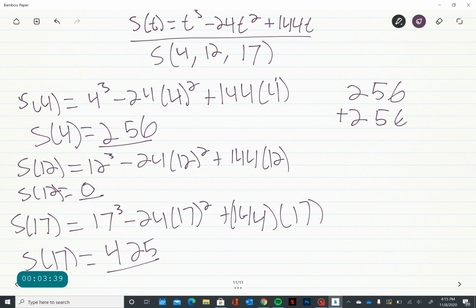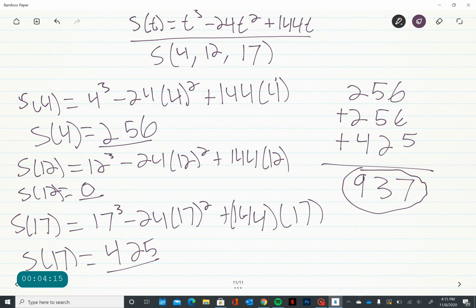And then we add 425 because it's moving again in the positive direction. And then we can plug that into our calculator. And you get 937. So the total distance traveled by the bead is 937.